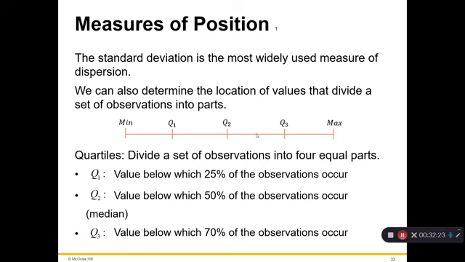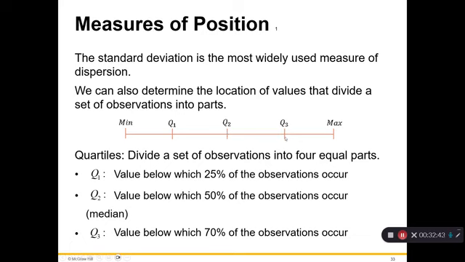For example, the first quartile, Q1, is the value below which 25% of the data falls, right? So 25%. And Q2 is the median, where 50% of the observations occur up to this point.